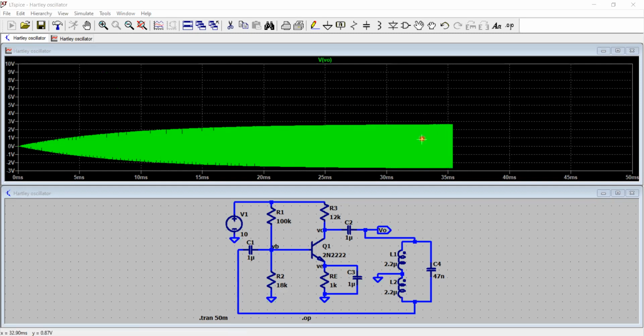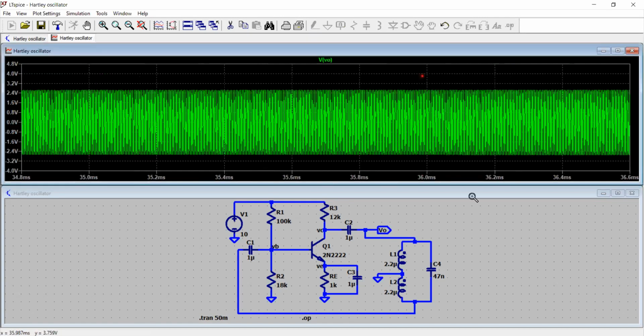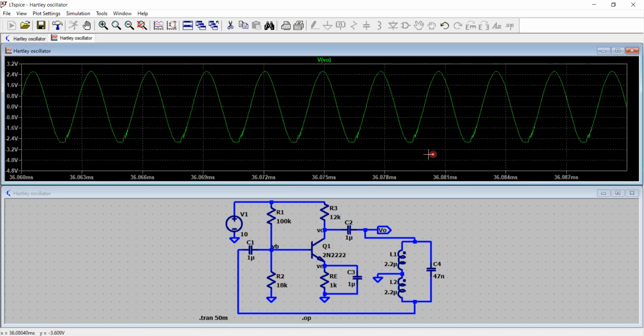Right, so approximately at about 30 milliseconds, you get the sustained oscillation, but I think it's still growing. So you just zoom in on this portion and look at this sinusoidal waveform. You got this waveform here.